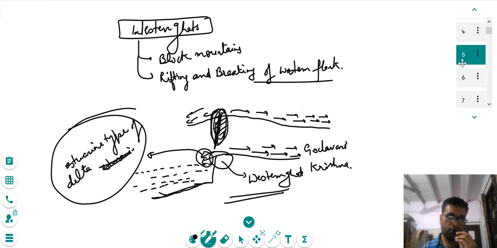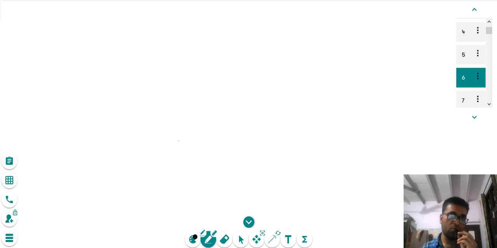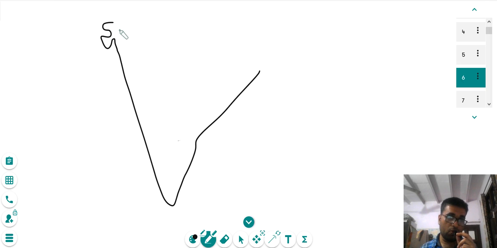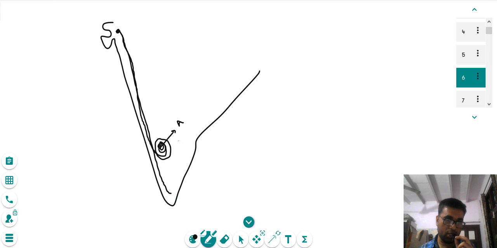And the Western Ghats, if you see, they stretch from Gujarat and extend up to Kerala. They are almost continuous ranges up to Nilgiri. So these are the Nilgiri mountains here.